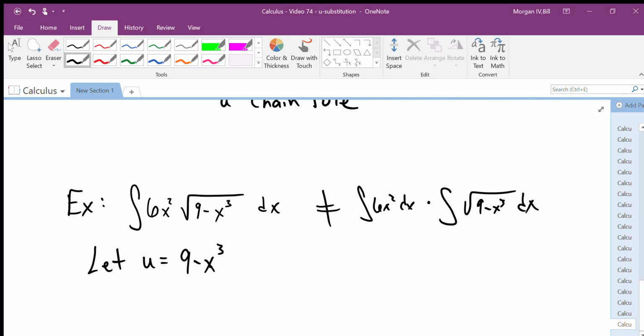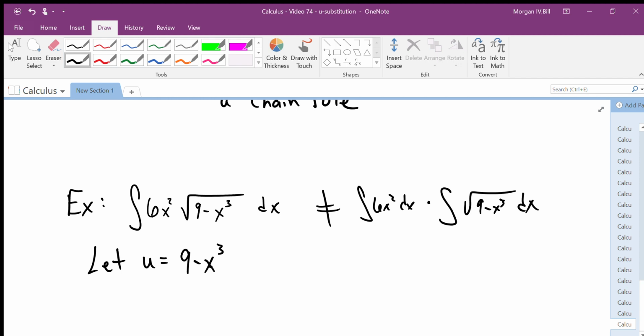Well, what is the derivative of 9 minus x cubed? That would be negative 3x squared. And you might say, well, negative 3x squared is not in the problem. And I'll say, okay, not exactly, but I have 6x squared. And we can deal with the coefficients. The fact that it's 6x squared and not negative 3x squared, we can deal with the 6 and the negative 3. But the x squared is what I'm looking for there.